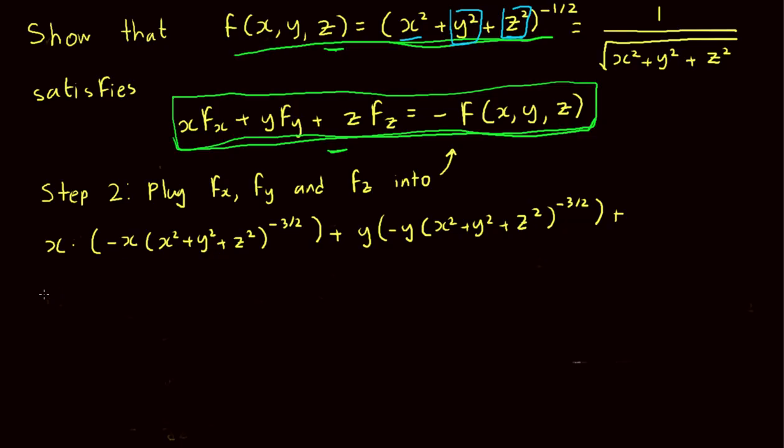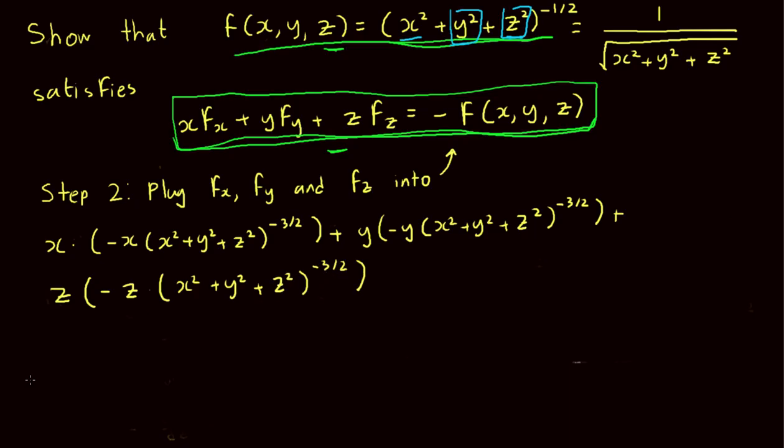I'm just writing nicely for you so that you guys can see clearly. z times negative z times (x² + y² + z²) to the power of negative 3 over 2.